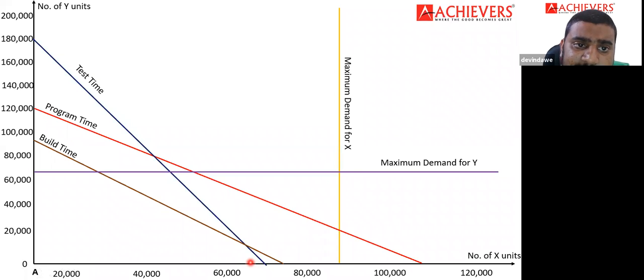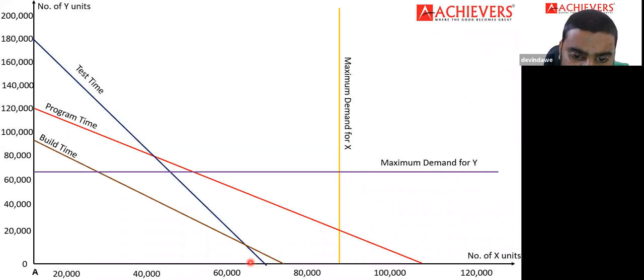Listen to this very, very carefully. A corner could be two things. Number one, a corner could be where a constraint line, a demand constraint or a resource constraint, intersects with the x or y axis, right?